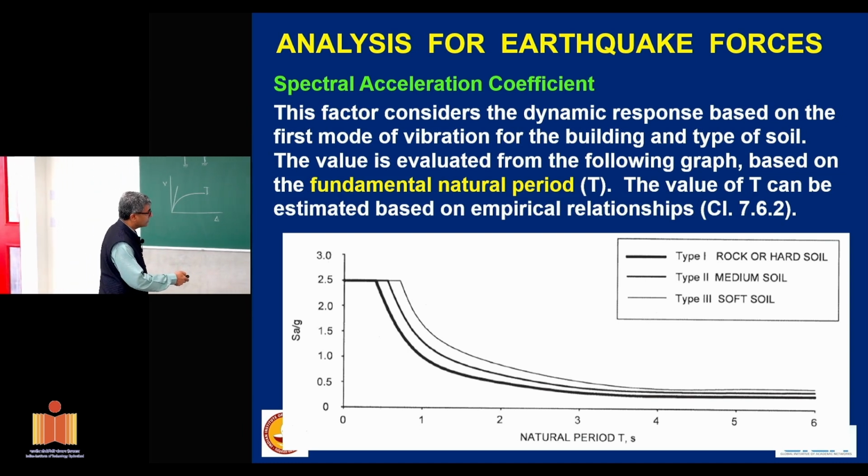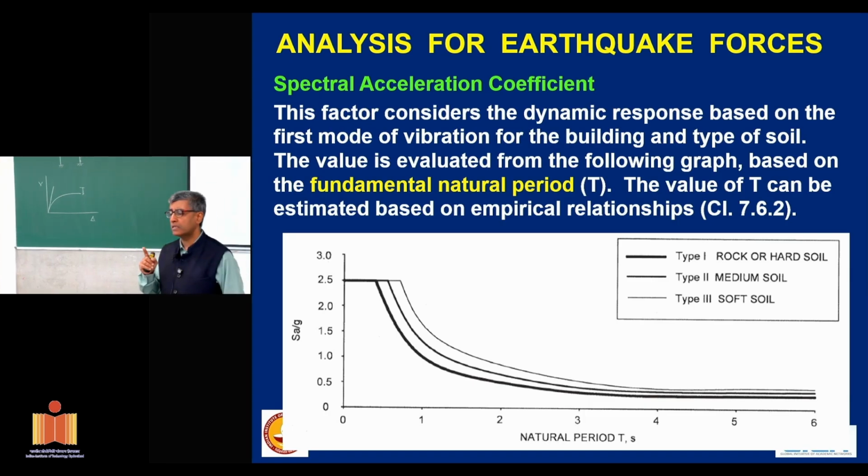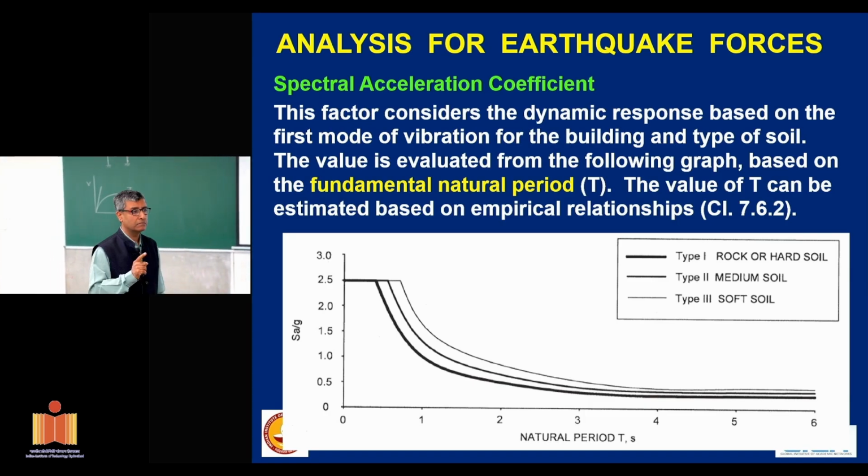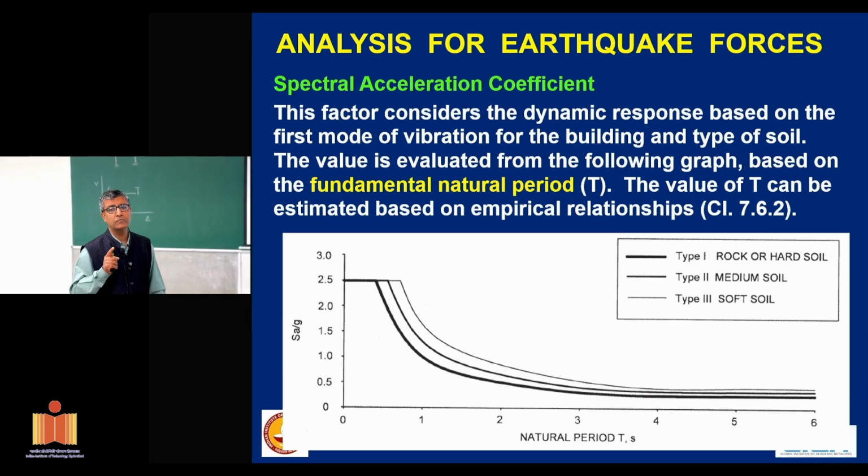Now, these three lines are for the different types of soil conditions. That means I need to have the geotechnical information to compute this Sa by g. For any building, we should have some geotechnical tests. Unfortunately, many times we assume something or we cook up some data, which is definitely not advisable.